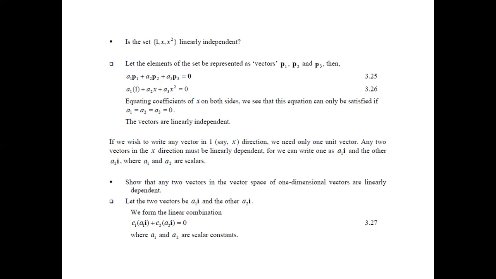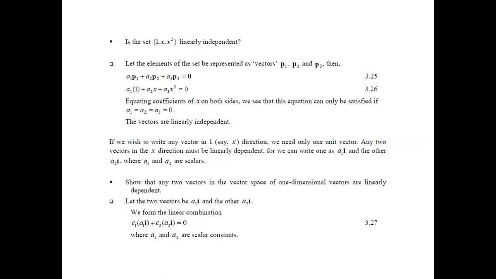We're going to get A1 times 1 plus A2 x plus A3 x squared equals 0. If you equate coefficients of x to the power 0, x to the power 1, and x to the power 2 independently, we're going to get A1 equals A2 equals A3 equals 0, which means that the vectors are linearly independent.